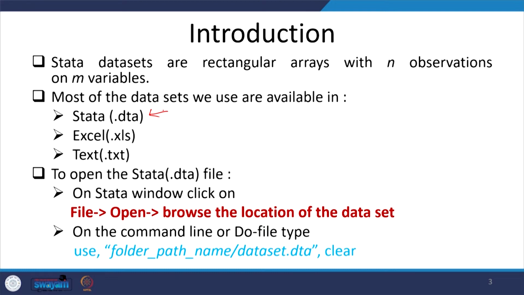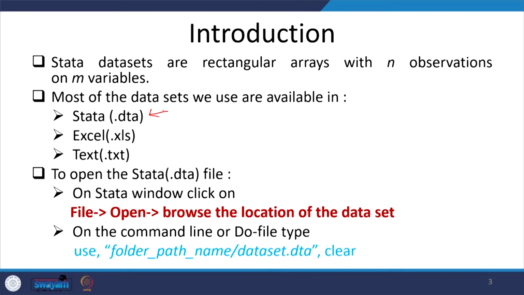On the Stata window, simply click on the data like we have already shown you. You go to File on the very left top menu, then click on Open. Once the open box appears, it will direct you to browse the location where you have kept your data in .dta format.